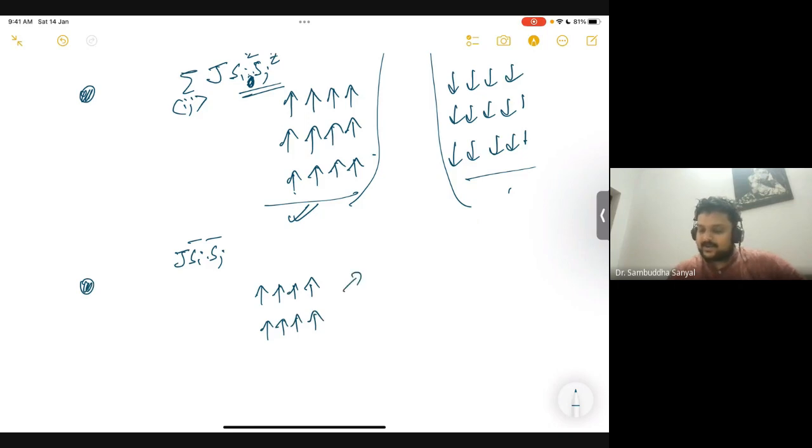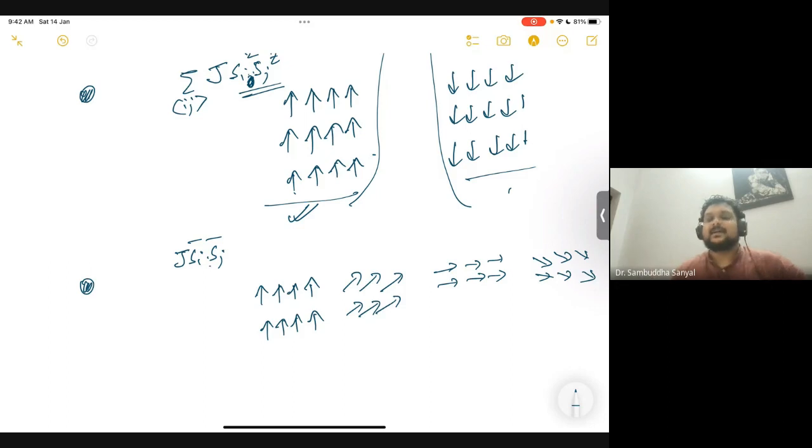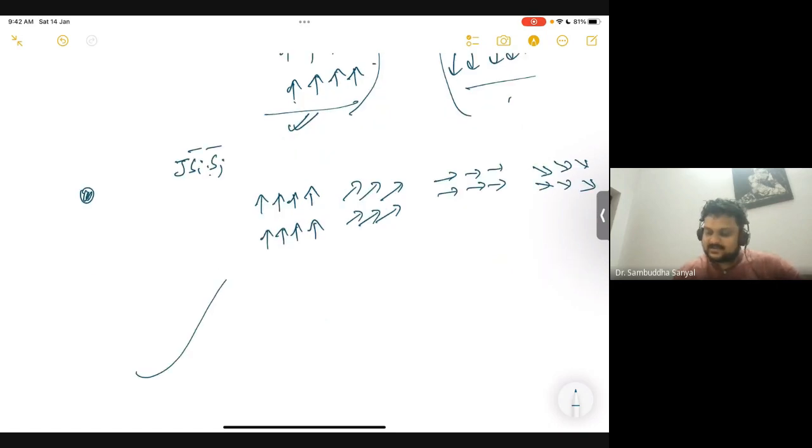But they can also point in this direction. This is a dot product, which means I can rotate it to any arbitrary angle. They can be in this direction also, right? So there are infinitely many configurations which are related to each other, but they cost infinite energy to go from one to another. These things are drawn by a Mexican hat potential.